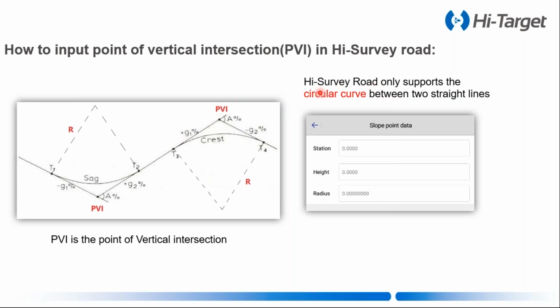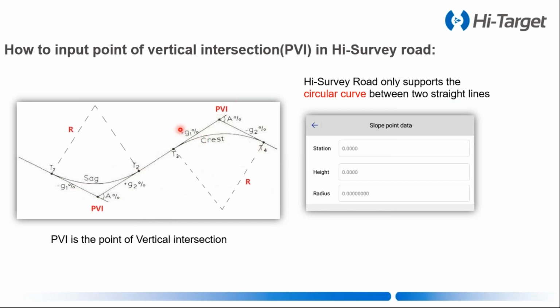Highway Road only supports the circular curve between the two straight lines. For this curve, we only support circular curve now. So if you need more curves, then you can give us some feedback. Maybe we can support more different types of curves in the future.